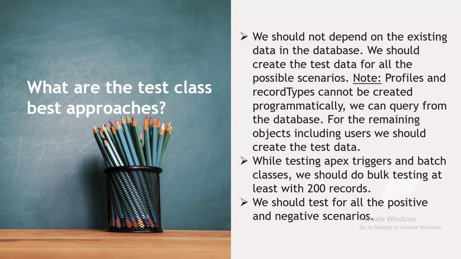For the remaining objects, including users, we should create the test data. While testing Apex triggers and batch classes, we should do bulk testing with at least 200 records. We should test all the positive and negative scenarios. So these are the best practices and approaches for test classes.